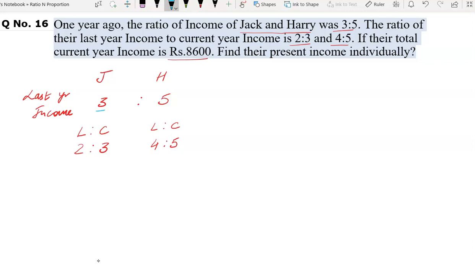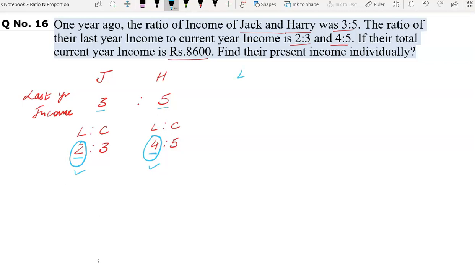For Jack we have 3 here and 2 here, so we need to make this equal. And for Harry, the last year income is 5 here and this is 4, so we need to make this equal. For this, we will take the LCM of this and this. We will not take the LCM of any other thing.